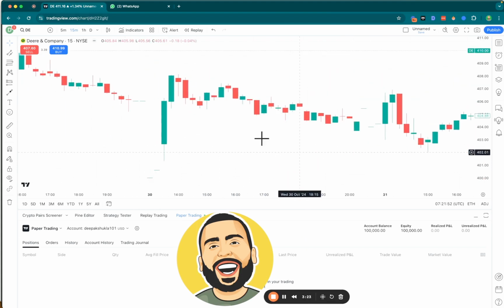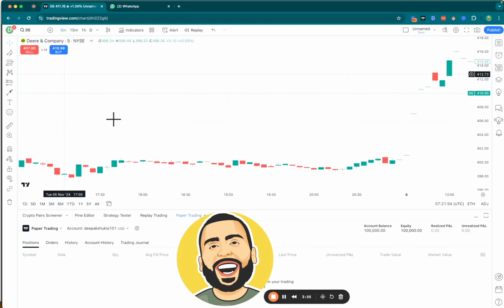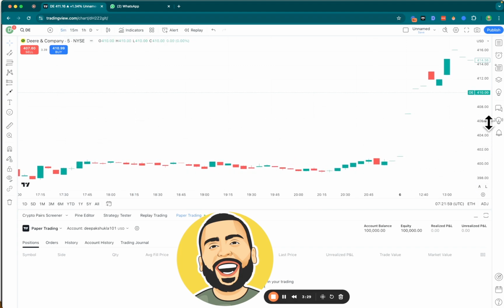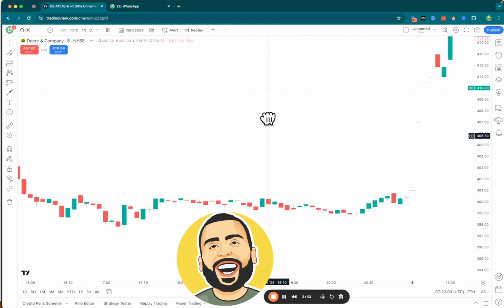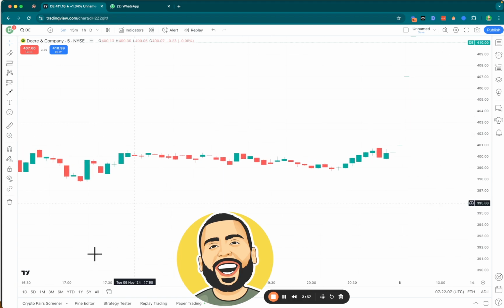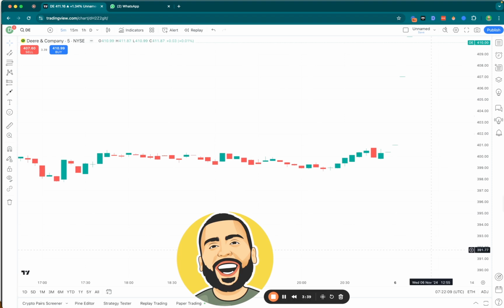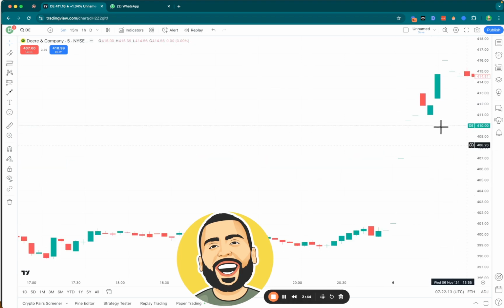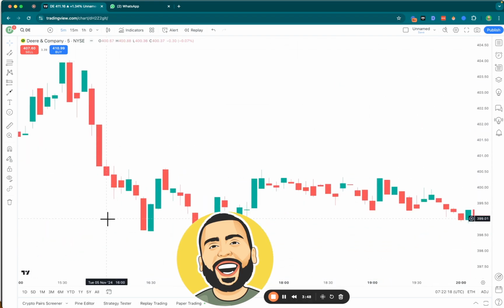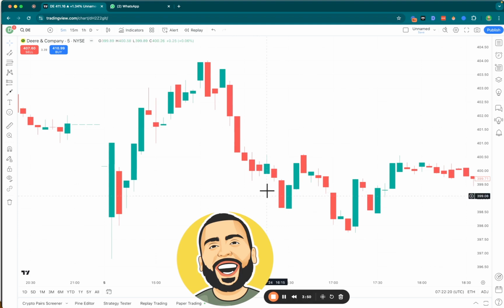So if we go to the 5-minute chart and then zoom, and scroll down, have a look at what we got here. You could argue that's a kind of Thor hammer, but it's not strong.